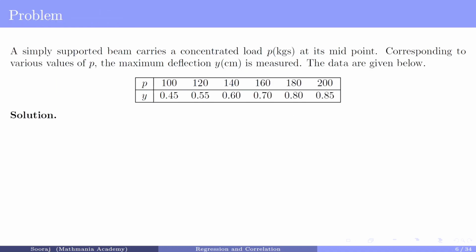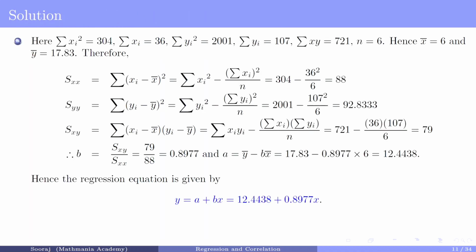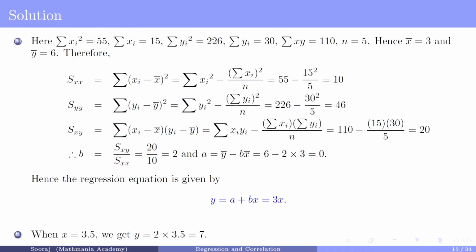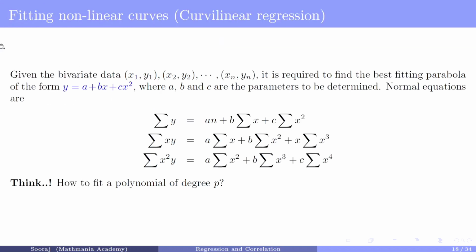Now in the case of curvilinear regression, we have three parameters. So we will have to differentiate that error term with respect to all three parameters and equate them to 0. In that case, we will end up with three equations, which are the normal equations. With the given data, if we calculate all these coefficients and substitute them, we end up with a system of three equations with three unknowns.